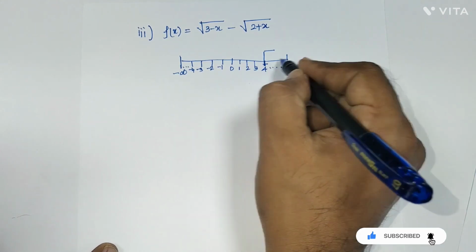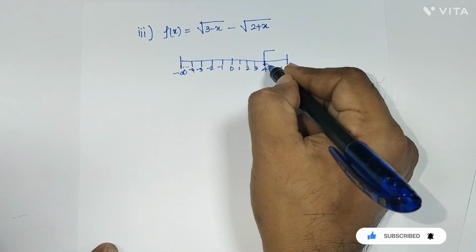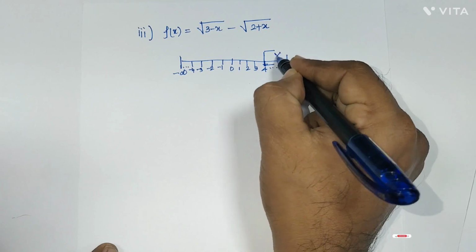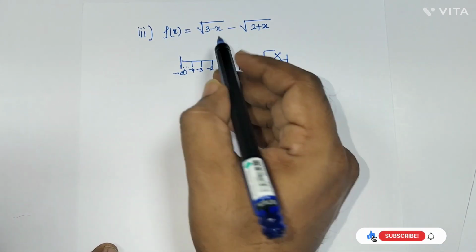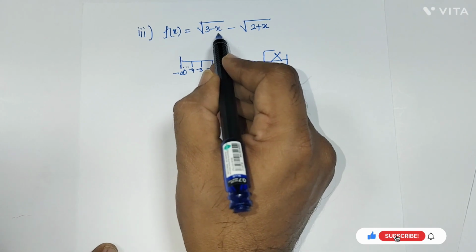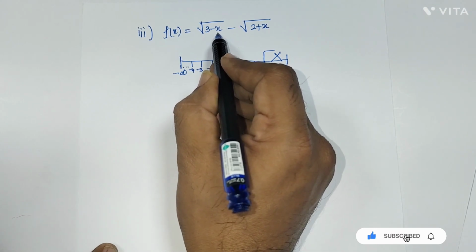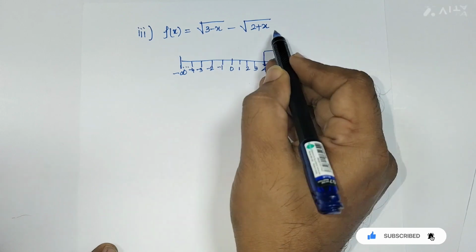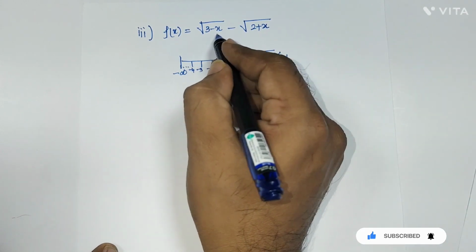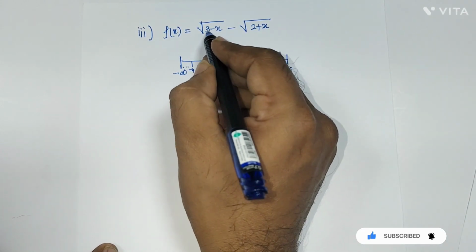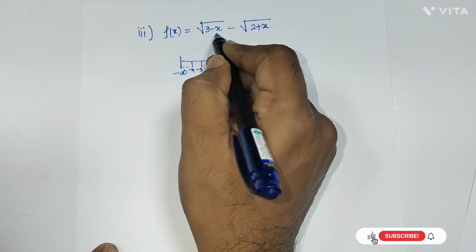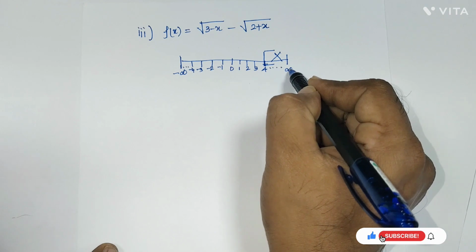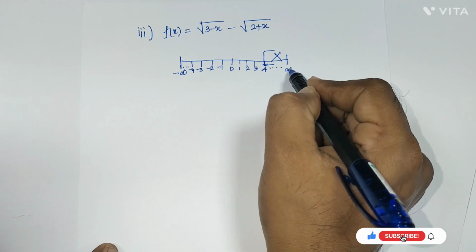So generally we can say here x equal to 4 is not possible. That means 4 to infinity elements are not possible for your domain. When you are substituting x equal to real numbers greater than or equal to 4, you won't get the answer for this. When I am substituting a greater value than 3 here, you will get an imaginary part. So these 4 to infinity number of plus terms are not possible.